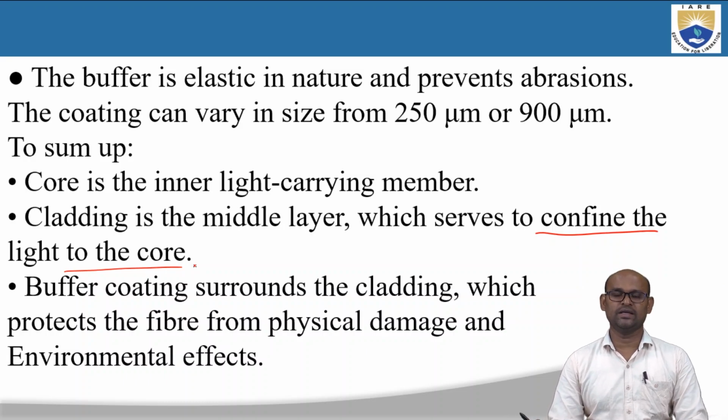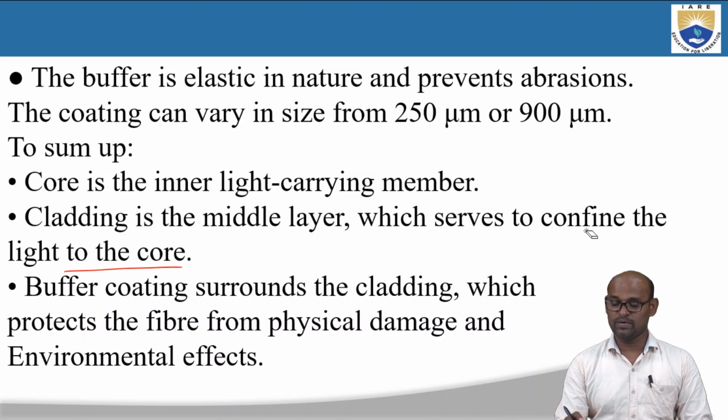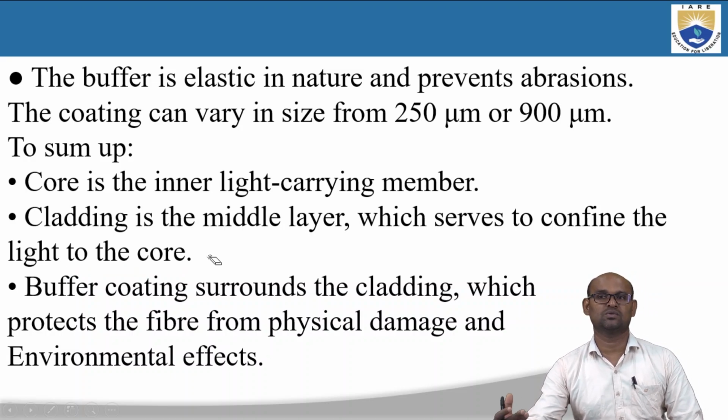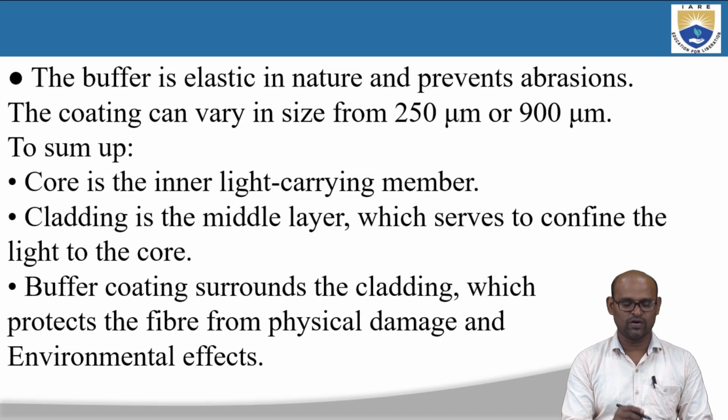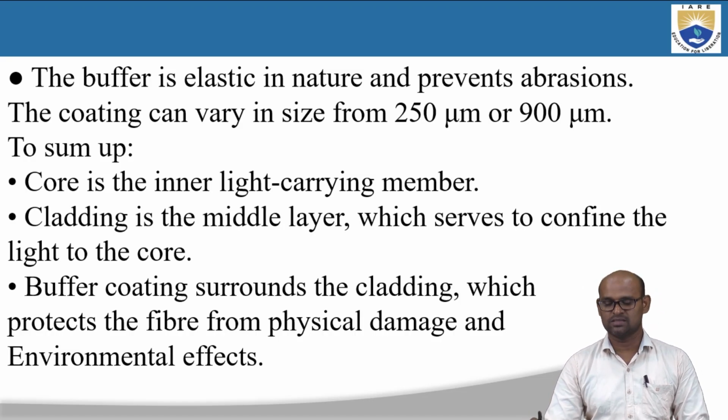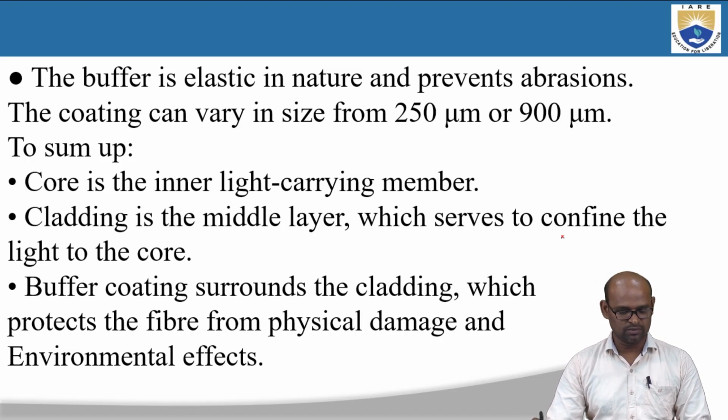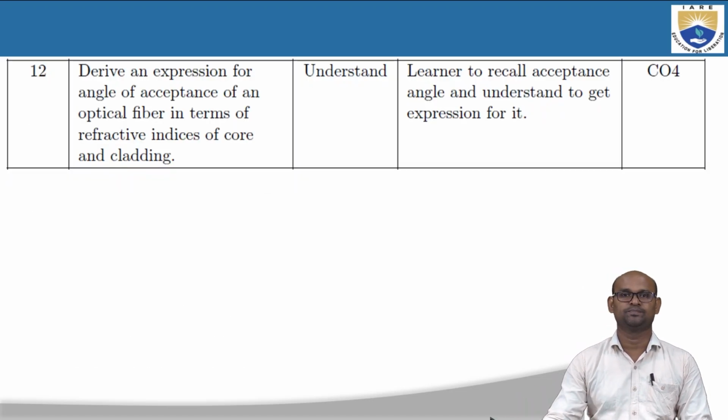If you do not have a cladding, there may be loss of light, because if total internal reflection is not satisfied, then the light will refract into the cladding and be lost. So the important function of the cladding is that it confines the light to the core. The buffer, sheath or coating will protect the fiber from physical and environmental effects.